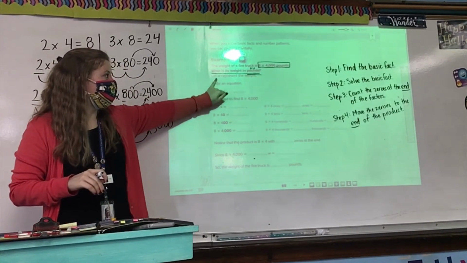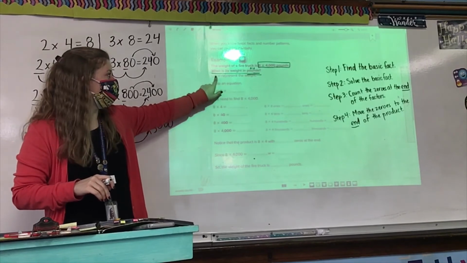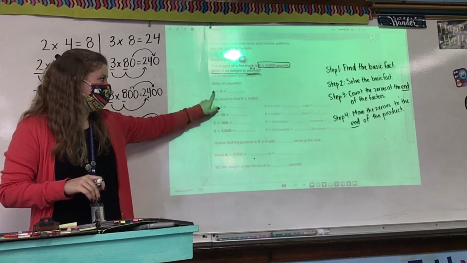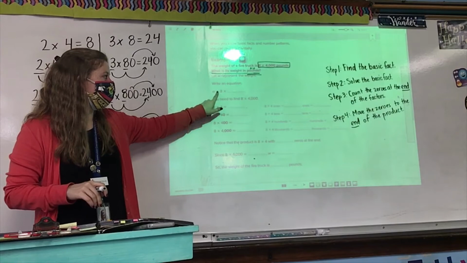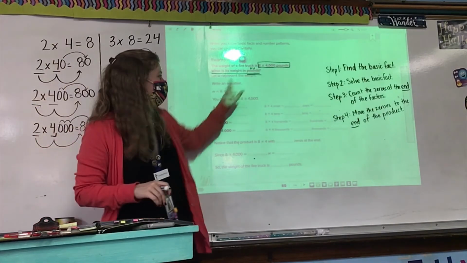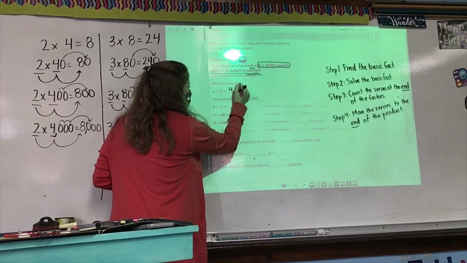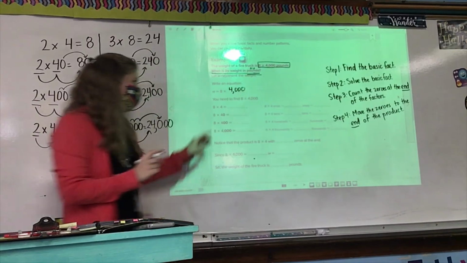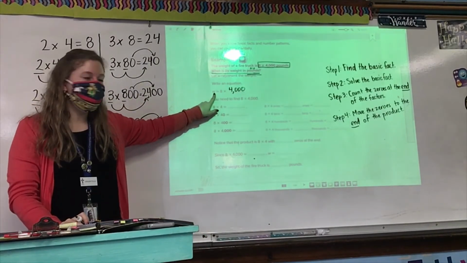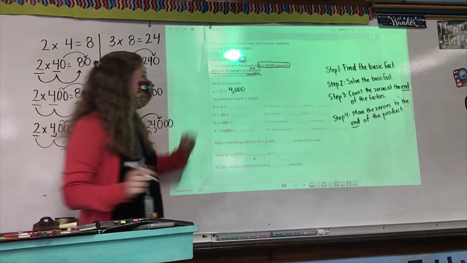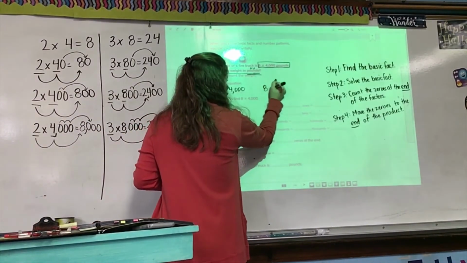Okay, we're going to use a variable. Let W represent the weight. So our equation looks like W equals 8 times 4,000. Just because W equals is at the beginning, does that mean that this problem is any different than this one?